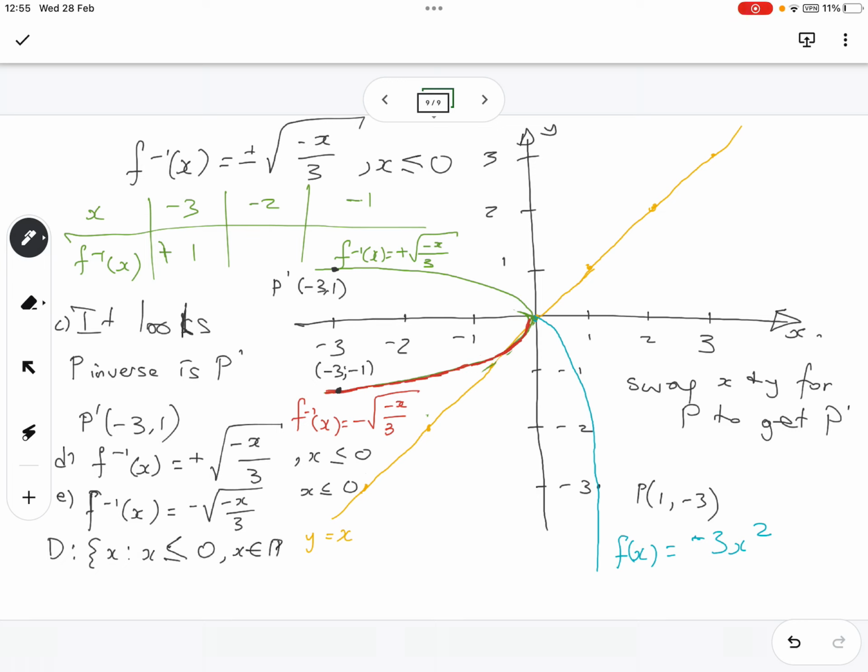Awesome. And the range? Y is an element of real numbers, and y is greater than or equal to 0. And then for the negative one? For the negative, we have x is an element of real numbers, and x is less than or equal to 0.